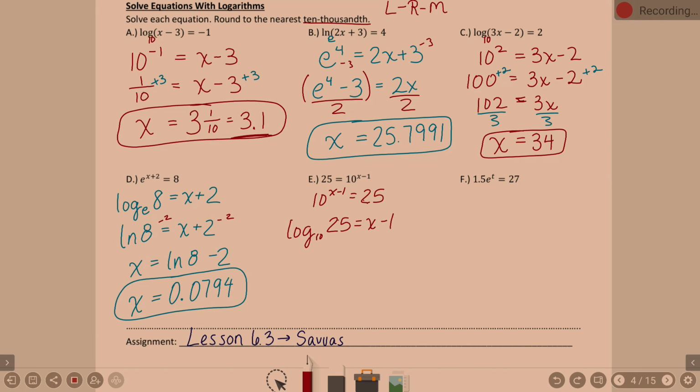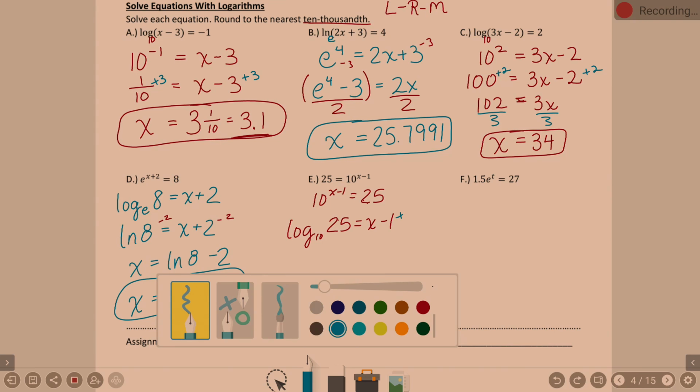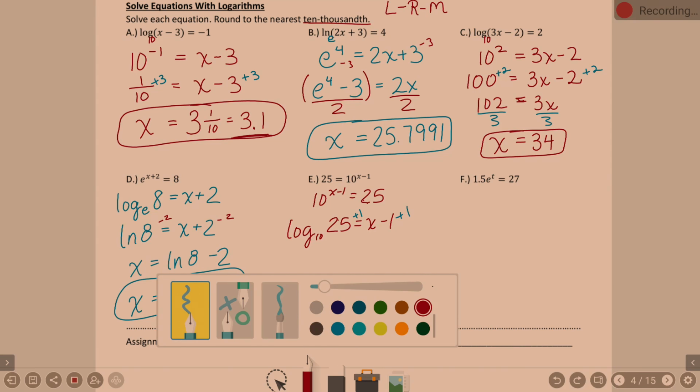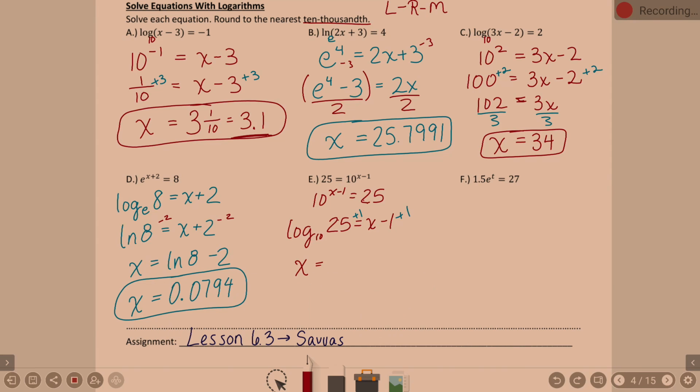You don't have to write the 10 there. How do we solve for x? It's x minus 1. We're going to add 1. And so in order to get this answer, I'm going to be doing the log of 25 plus 1. Or you could write it as 1 plus the log of 25.